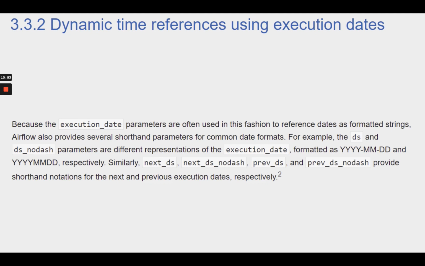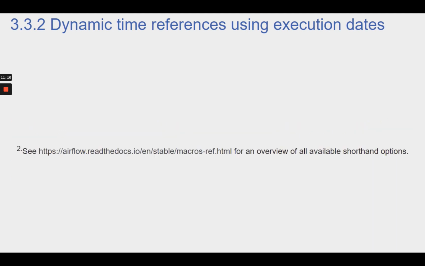Similarly, next_ds, next_ds_nodash, prev_ds, and prev_ds_nodash provide shorthand notations for the next and previous execution dates respectively. Footnote 2. See this link for an overview of all available shorthand options.